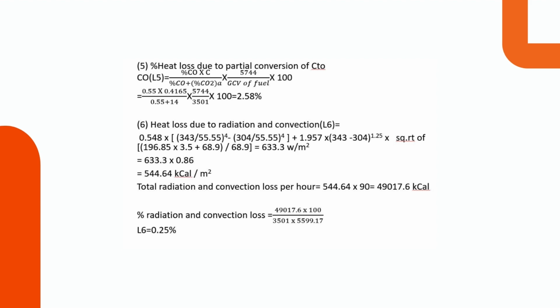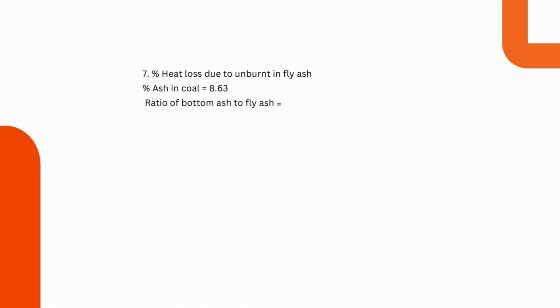Percent radiation and convection loss is 49017.6 into 100 divided by 3501 into 5599.17. L6 is 0.25%.